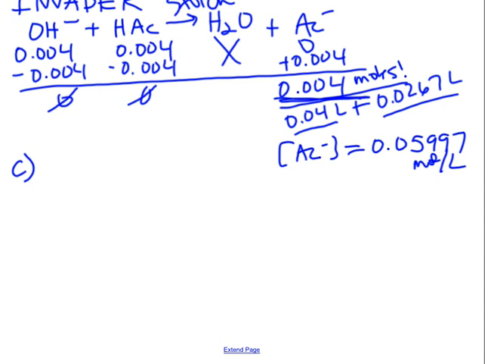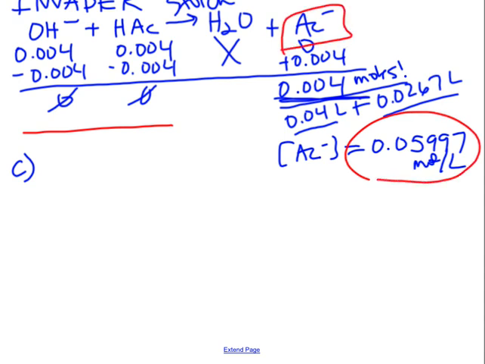Well, we just need to finish this problem, okay? This is the invasion. The invasion happened. This is what's left over. So how do we find the pH using what's left over? Well, the war's done. Only AC minus is left. Looks to me like that's a hydrolysis problem. So I'm going to take this.